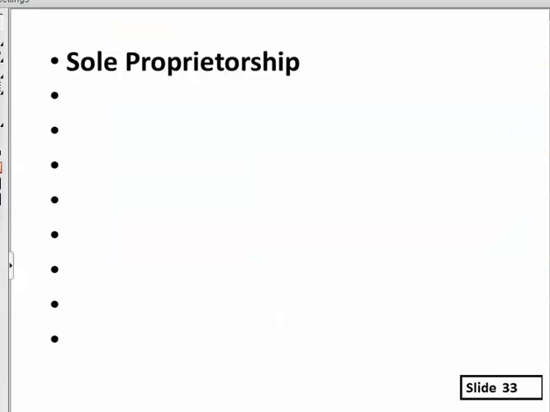So, the easiest way to start a business is to be a sole proprietor. A sole proprietor means basically you're the man, or you're the lady. The business is yours. You own it. You make the decisions. There is nobody else. That's a sole proprietorship. Now, in many states, if you're going to operate a sole proprietorship, you have to do it under your own name, so it would be John Smith.